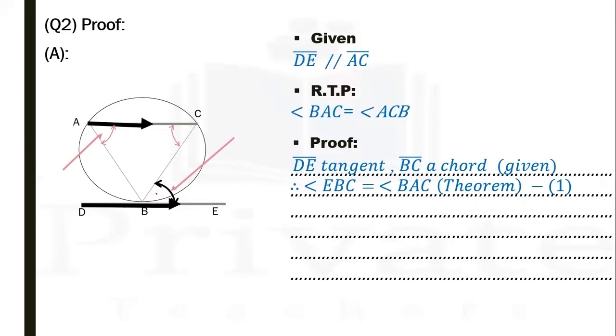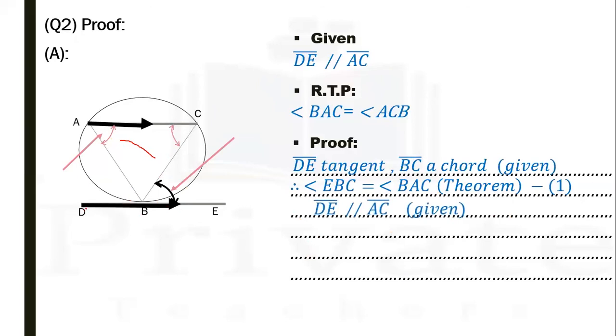Because this is an angle included between a tangent and a chord, which equals the circumferential angle made on that chord. That's why, because angle A here is drawn on the chord BC, so therefore we can say this is a theorem. Angle EBC is equal to angle BAC, and name this one and name this one.